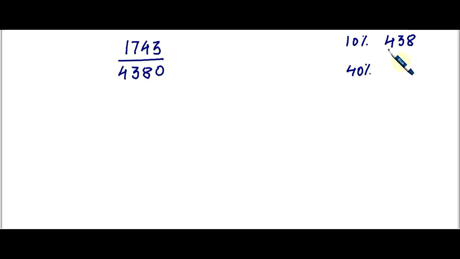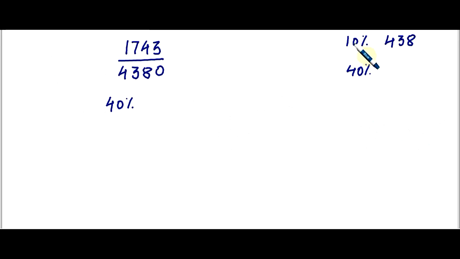See, 4 times 400 will be 1600, 4 times 30 will be another 120, and 4 times 8 will be close to 1743. So my base to start with should be 40%. Who knows, if I'm lucky, my answer will be around 40% only.